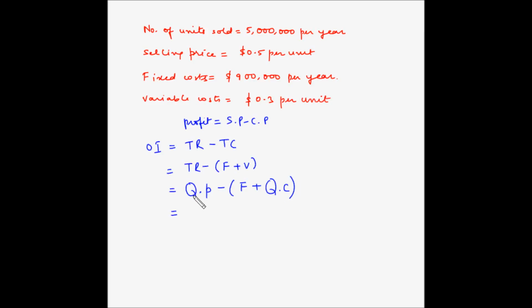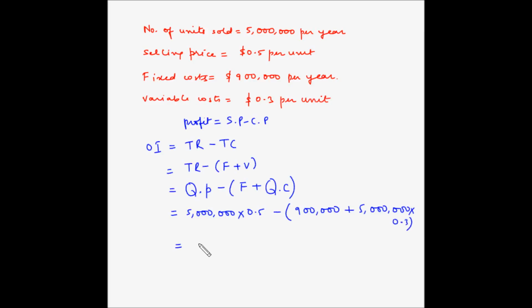So this is equal to, now number of units sold is 5 million multiplied by P, which is selling price, which is 0.5, minus the fixed cost, which is $900,000, plus Q, which is again 5 million, multiplied by C, which is the variable cost, which is $0.3 per unit.